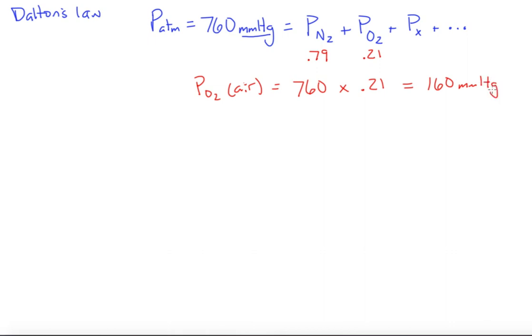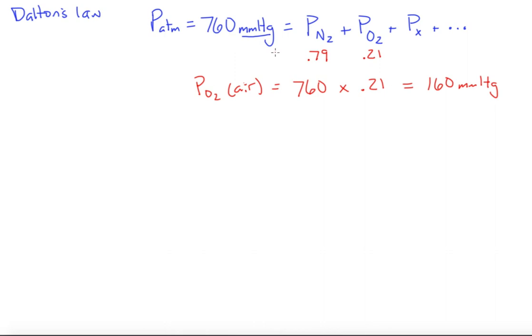Okay? All right, well, where's Dalton's law in here? Well, Dalton's law is this first line. Dalton's law basically says that the total pressure of a gas mixture is equal to the partial pressures of the individual gases in it. And again, it doesn't have to be air. It could be any gas mixture.